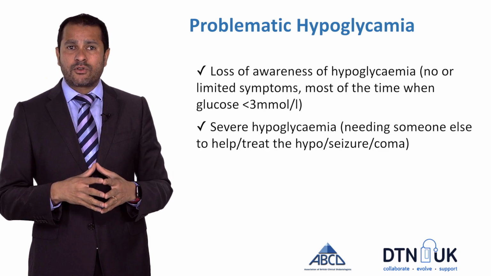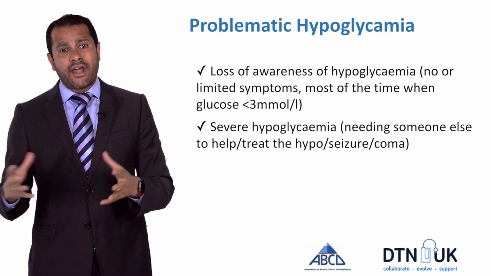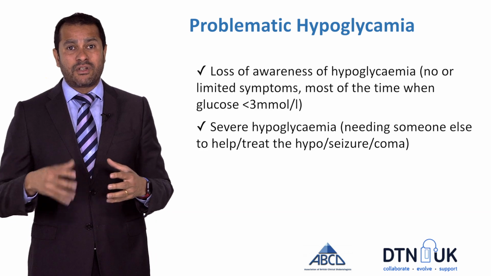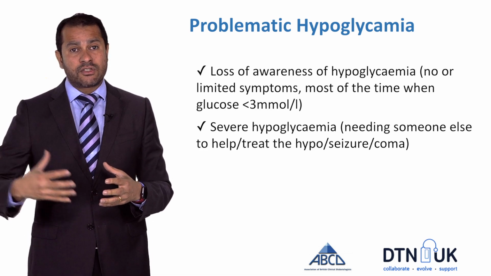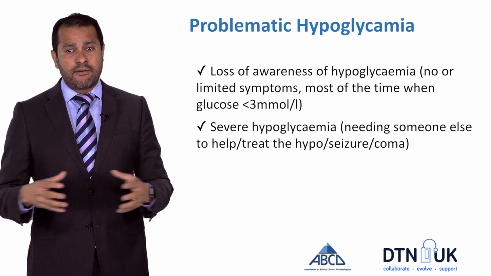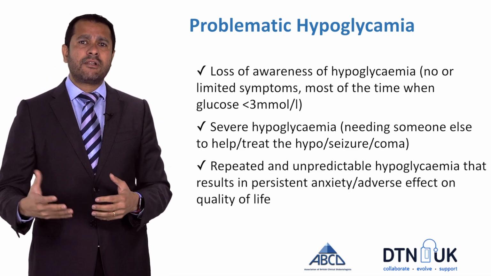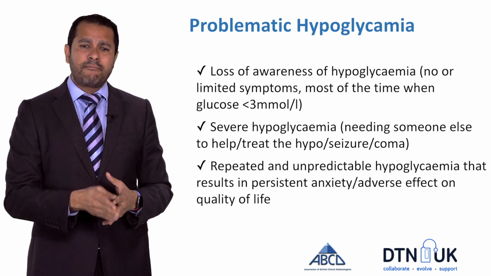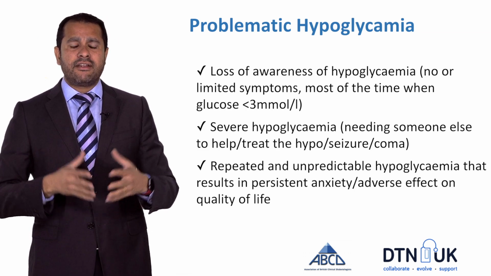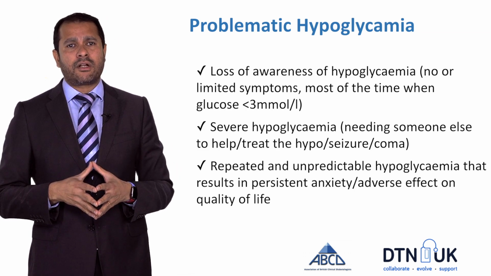Problematic hypoglycemia is also having had more than one episode of severe hypoglycemia, which needs someone else to treat you or results in loss of consciousness in a year. And it's also recognized as if you're getting repeated, unpredictable hypoglycemia that's having a real impact on your quality of life, then NICE recognizes that as problematic hypoglycemia.